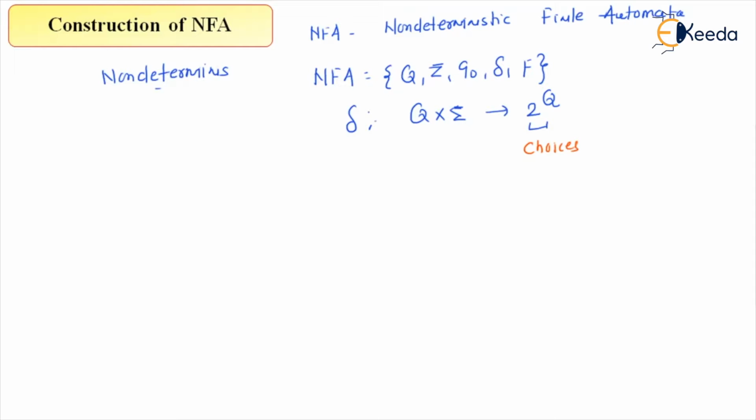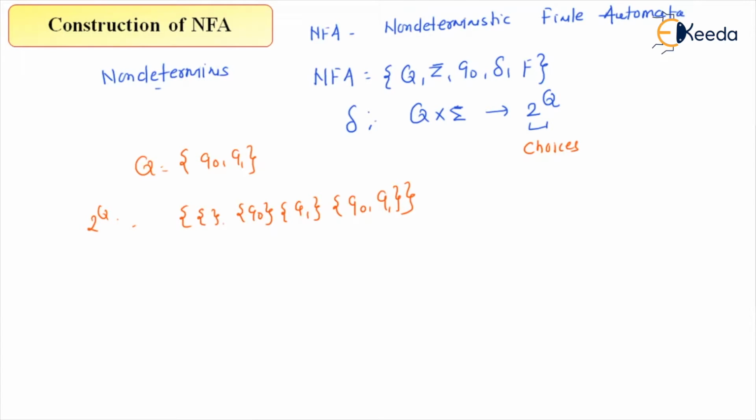Suppose we have a set Q with Q0 and Q1, then 2 to the power Q is the power set of Q, and it represents nothing, it represents only Q0, it represents only Q1, and it represents Q0 and Q1 both.